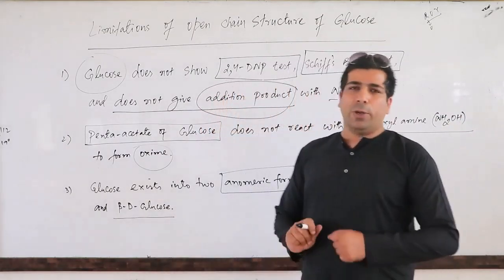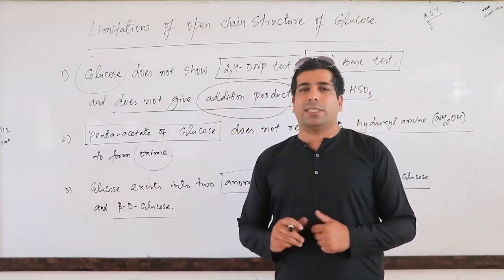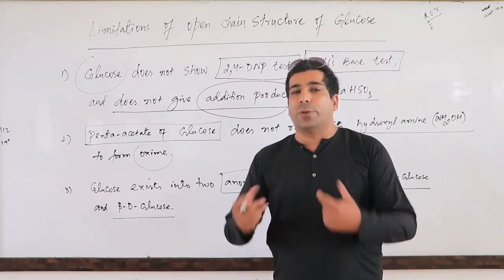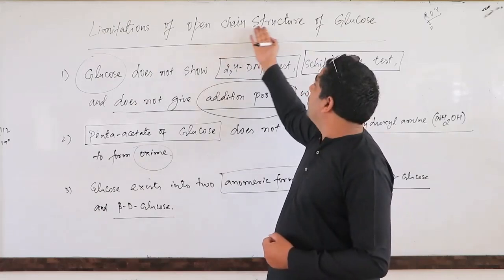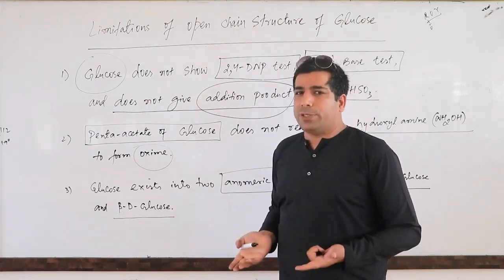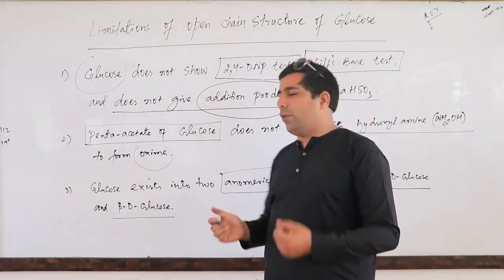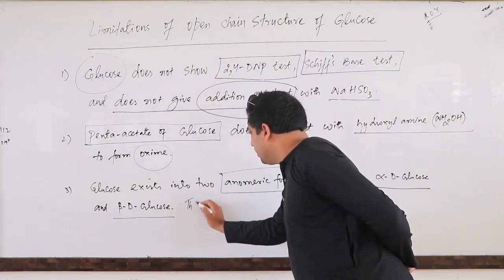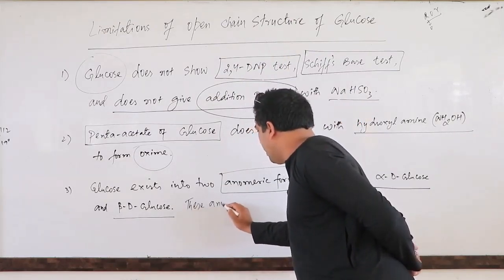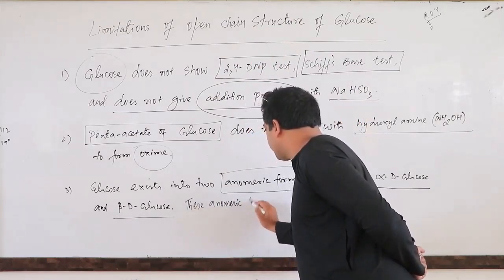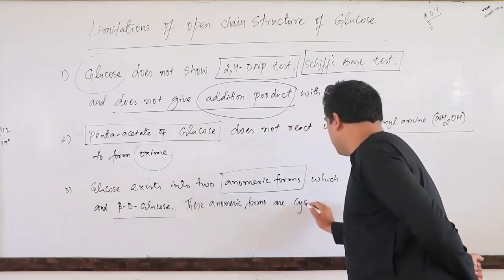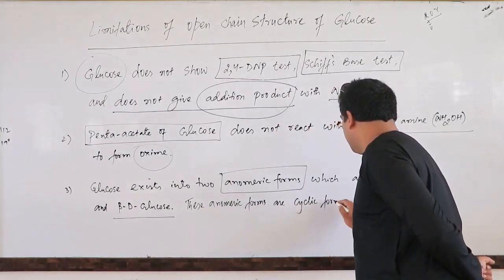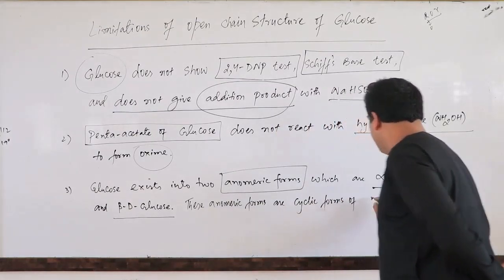These are cyclic forms of glucose. So it's a limitation of the open chain structure: they are not open chain structures of glucose, they are cyclic forms of glucose.